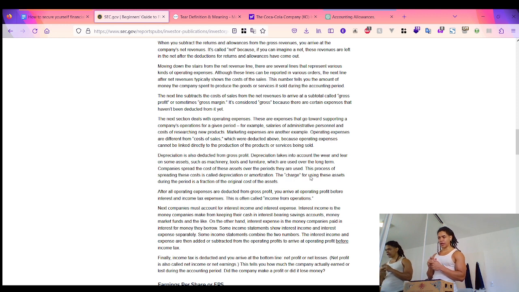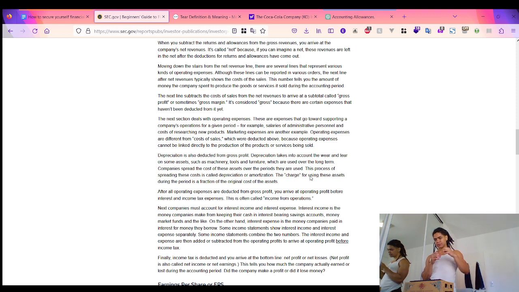Depreciation takes into account the wear and tear of some assets, such as tools and furniture, which are used over the long term. Companies spread the cost of these assets over the period they are used. This process of spreading these costs is called depreciation or amortization. The charge for using these assets during the period is a fraction of the original cost of the asset.